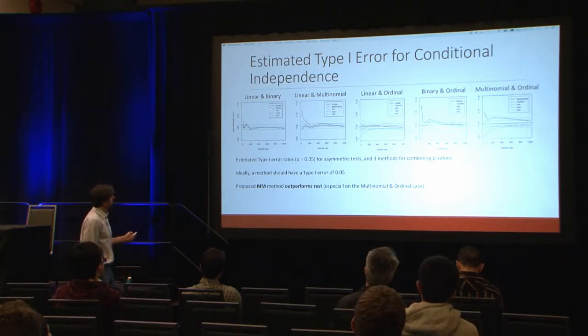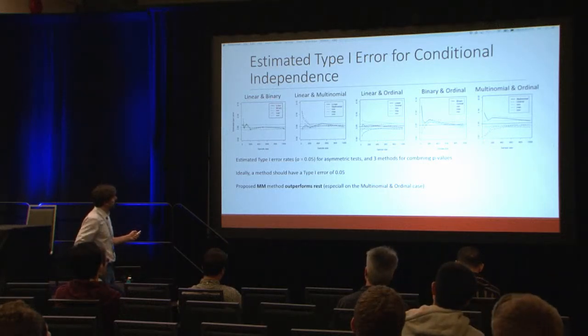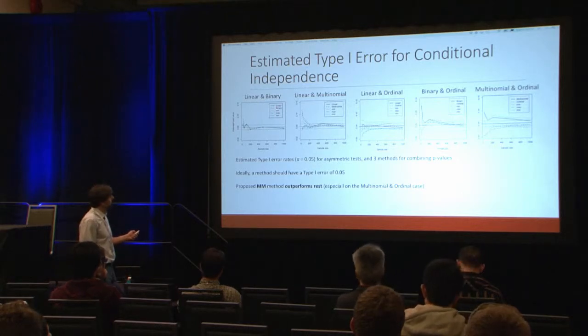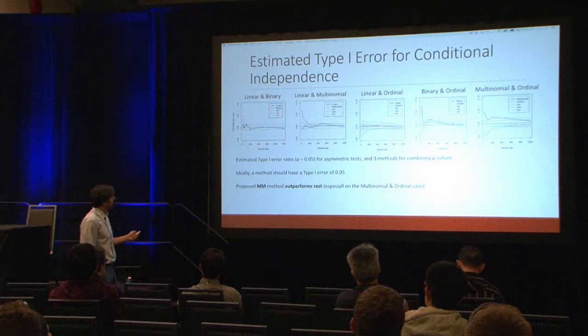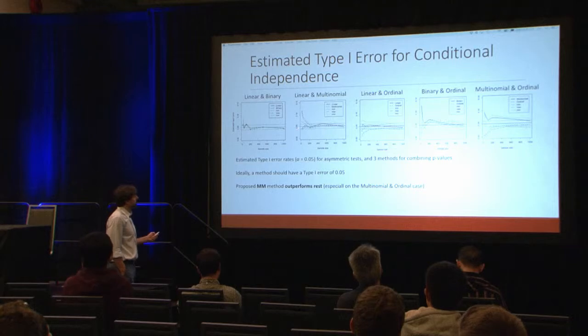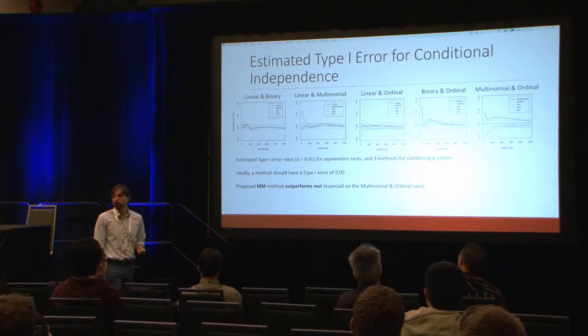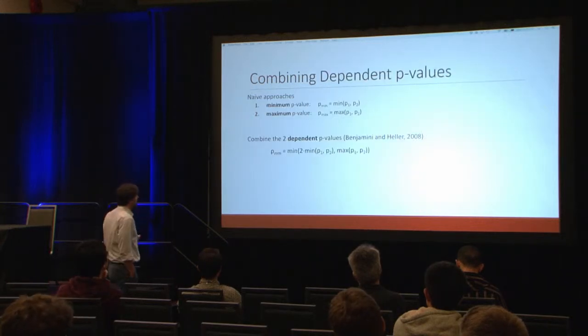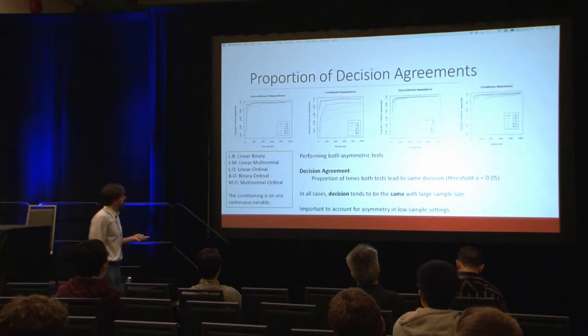And here is, when you have linear and binary, the p-value that you get from regressing on the linear variable, the p-value that you get when you're regressing on the binary variable, or when you regress on both and you take the mean p-value, the max p-value, or the combination using the formula I showed you that we call MM, for min max.